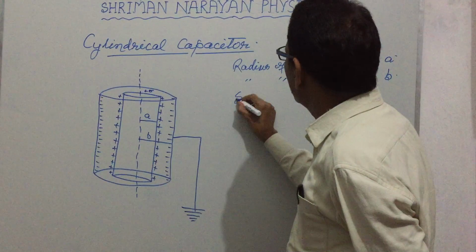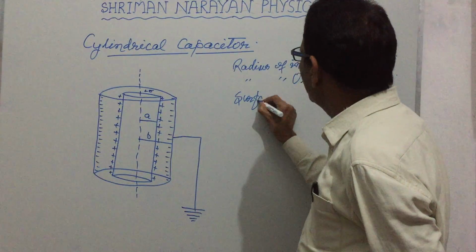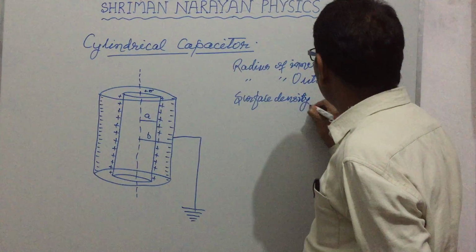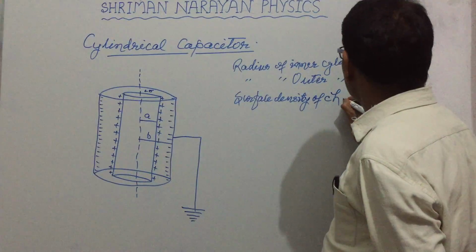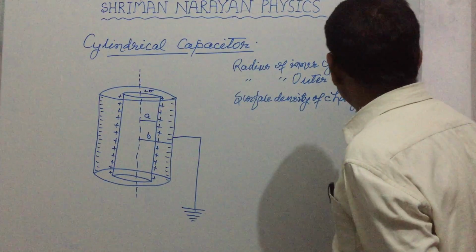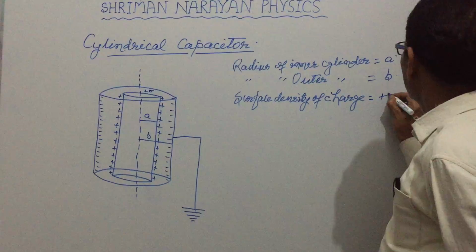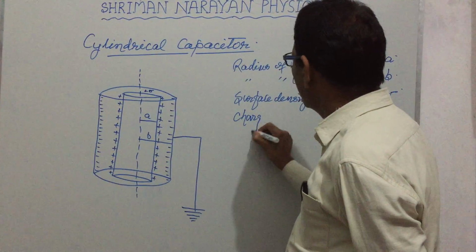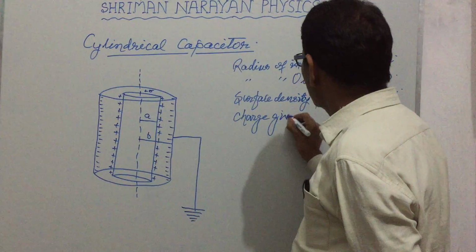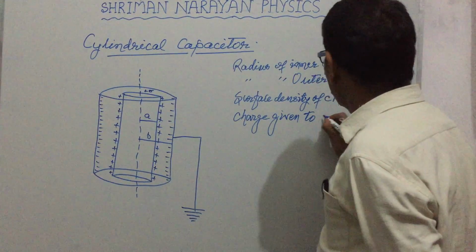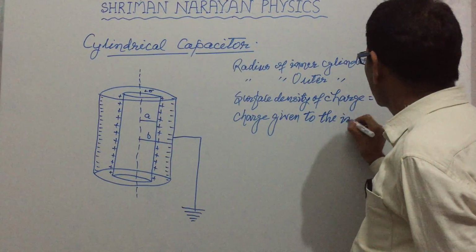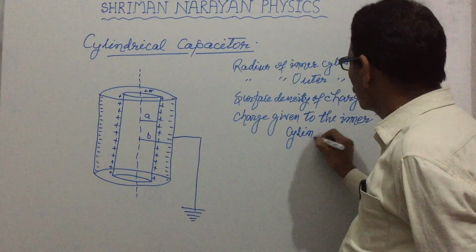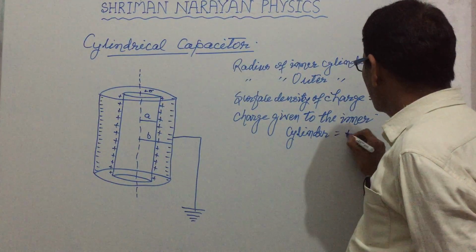Surface density of charge for the inner cylinder, let it be plus sigma. Charge given to the inner cylinder is plus q coulomb.